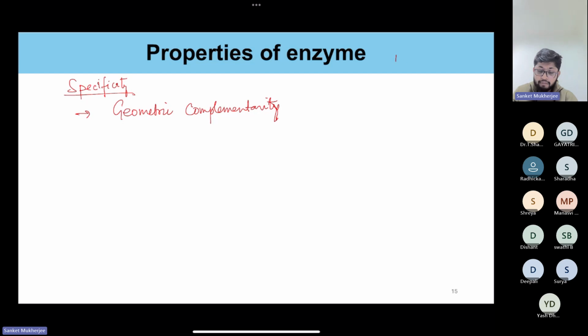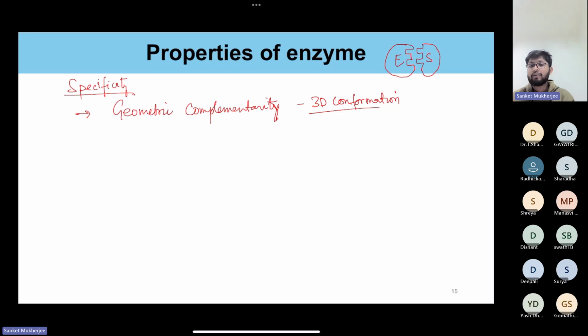So if this is an enzyme, let's say it is like this, the substrate will be like this. So it fits together. There is a geometric complementarity. In the 3D conformation, it's not exactly, this is just a cartoon, but if you look at the 3D conformation, enzyme and substrate fit together in a very good way. That's why they are specific towards their substrate. Then there is electronic complementarity as well.